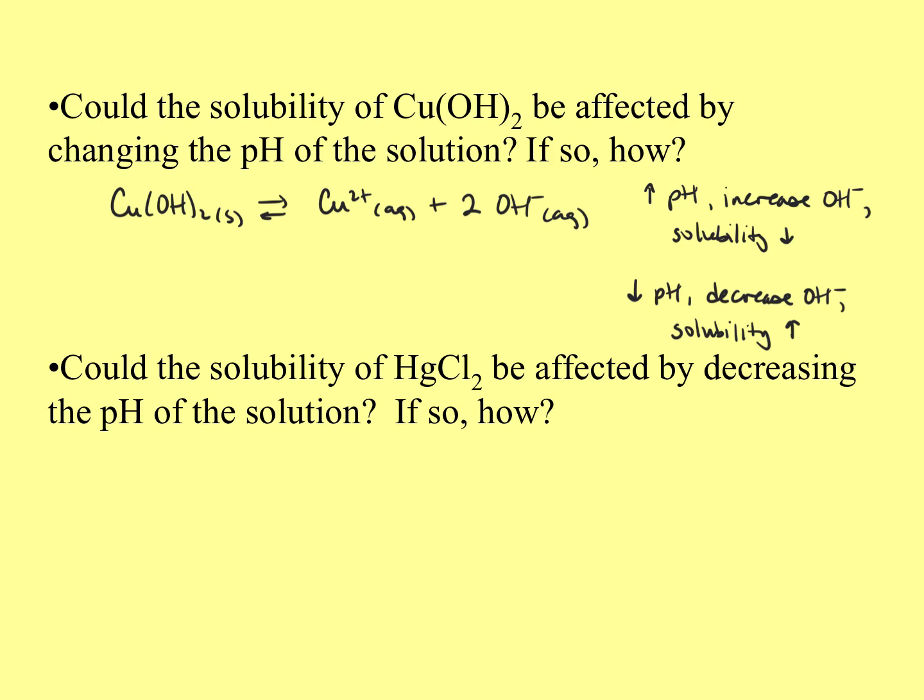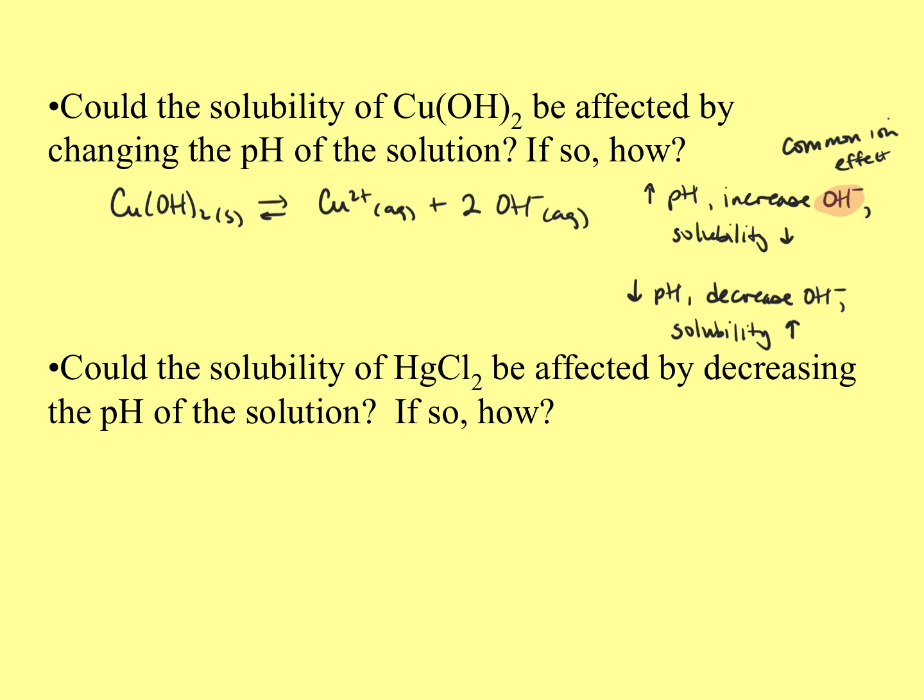And I should also add that in this first example, the part with increasing the OH minus is also another example of the common ion effect. By increasing the pH, by increasing hydroxide, in the presence of a common ion, the solubility will decrease as a result.